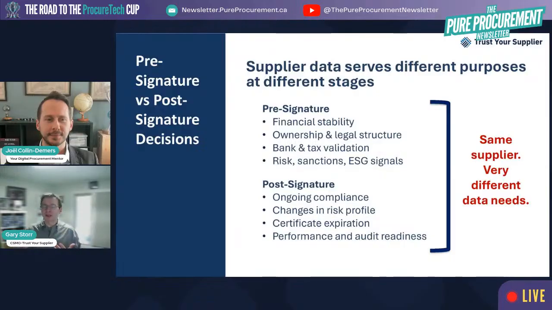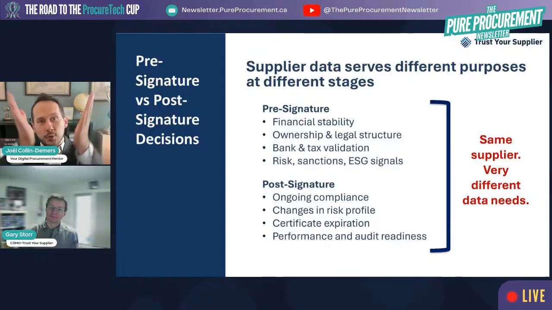You have to make sure that you're using the data adaptively. Easy for me to say, as you change the relationship with the supplier and as the supplier migrates through that life cycle. Yeah, and to your point, I always visualize a funnel where at the beginning, if I'm going out to market, I want to have summary information on a lot of suppliers.